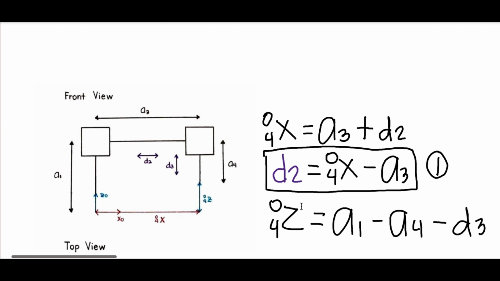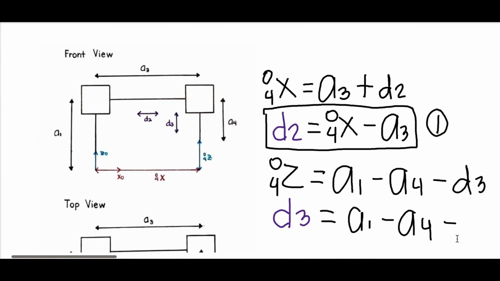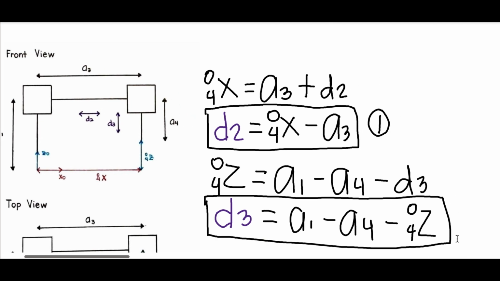So to solve d sub 3, we can bring d sub 3 to the other side of the equal sign and z04 to the opposite side also. So for our solution, d3 is equal to a sub 1 minus a sub 4 minus z04. Then this will be our solution number 2.